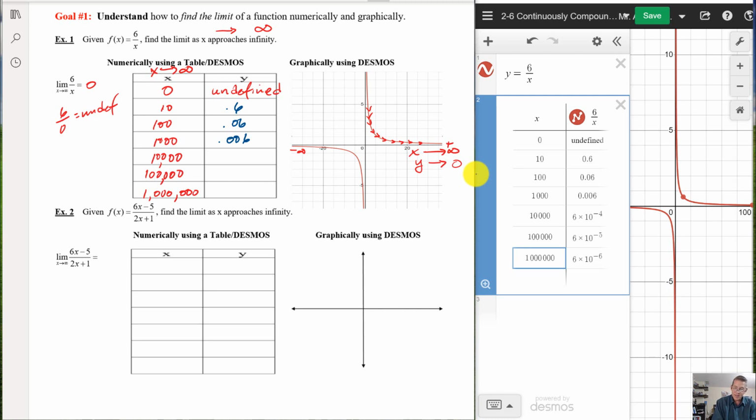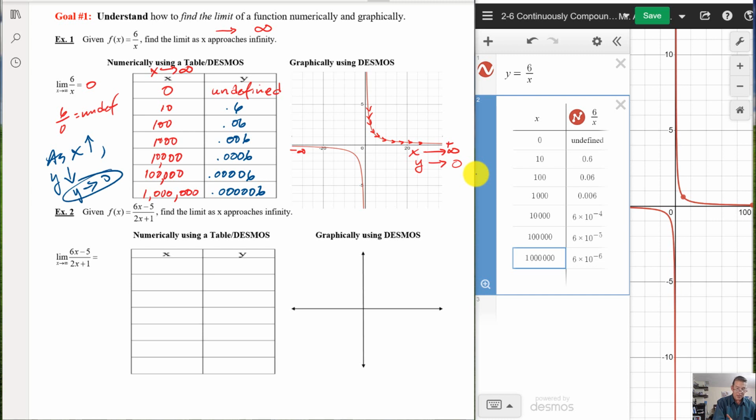Then 6 times 10 to the negative 4 is 0.0006, and 6 times 10 to the negative 5 is 0.00006. For 6 times 10 to the negative 6, you shift 6 places to the left with 5 zeros as placeholders. So as x increases, y decreases, and we say that y is approaching 0.